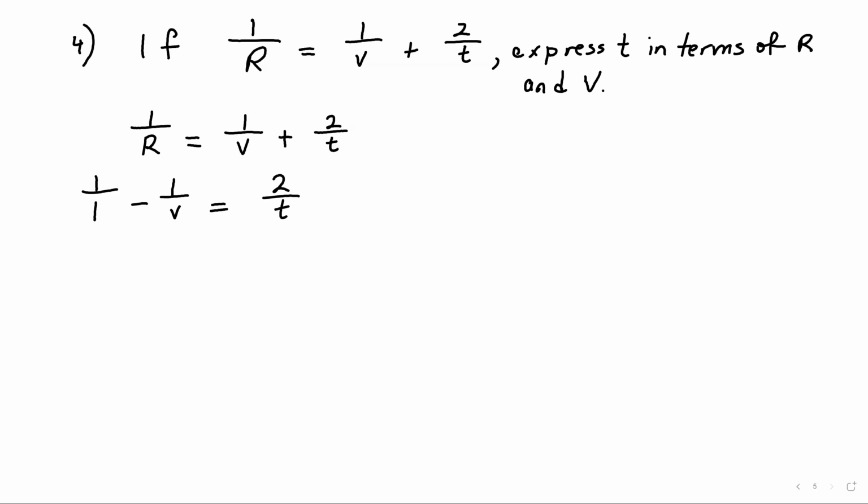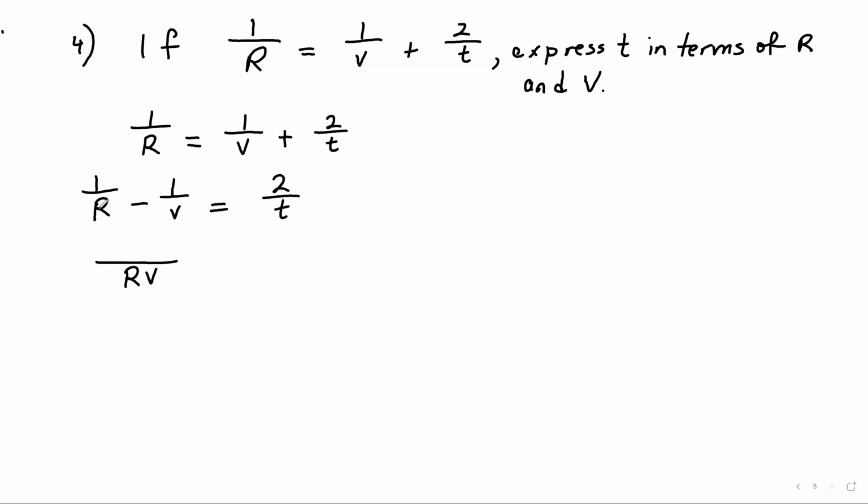Pay attention to this part, girls. So here, I will first simplify this left-hand side. Now, when you're working with fractions, I wanted to do a little fractions with you all today. If you have to simplify an algebraic expression where you have two different terms in the denominator, you have to get a common denominator. The common denominator here will be R times V. So here you're going to have RV, right?